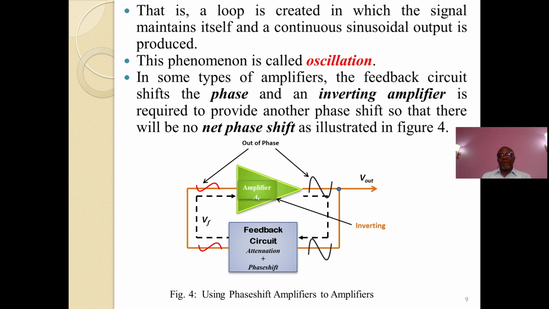In some types of amplifiers, the feedback circuit shifts the phase, and an inverting amplifier is therefore required to provide another phase shift so that there will be no net phase shift, because that is a condition for oscillation to take place. And this is illustrated in Fig 4.